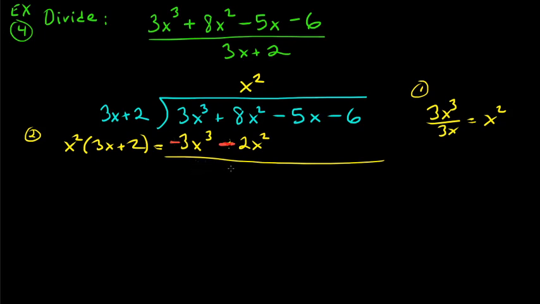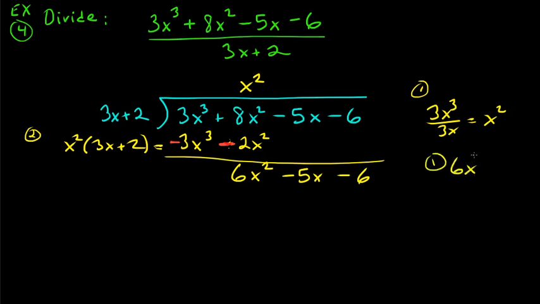So you get 0x cubed, and then 8 plus negative 2, positive 6x squared, right? And then negative 5x minus 6. All right, so that's round 1. Round 2, right, divide the 6x squared by 3x.